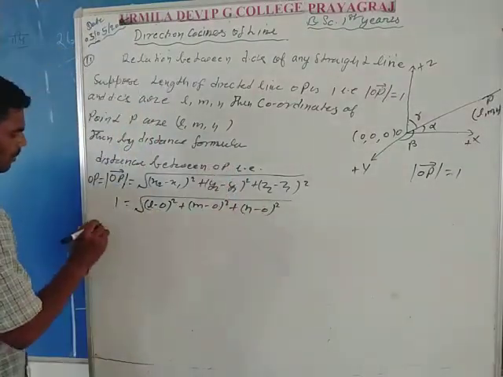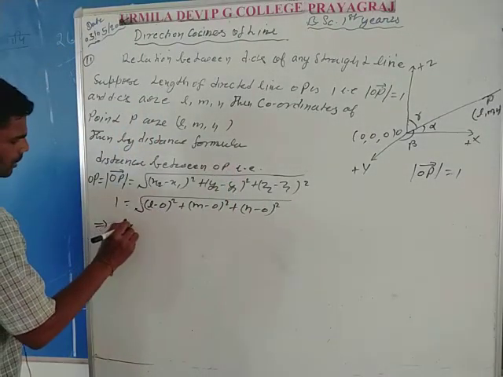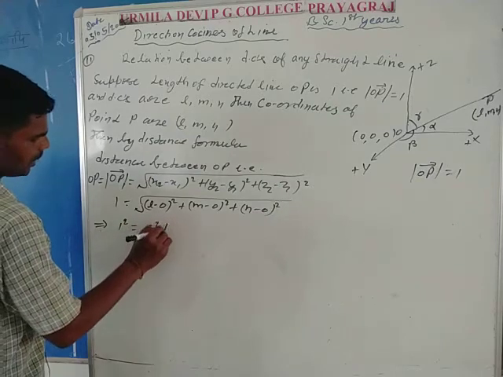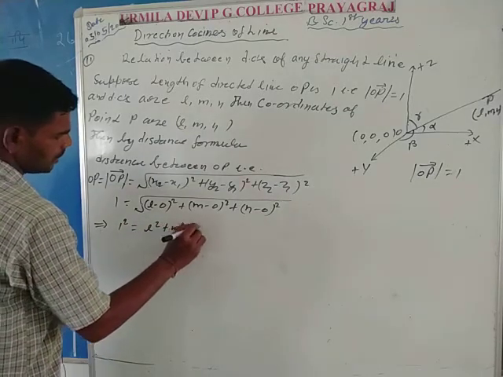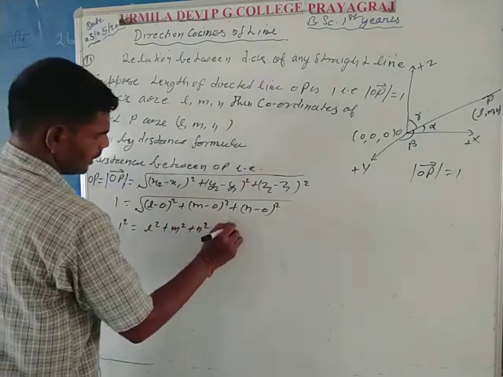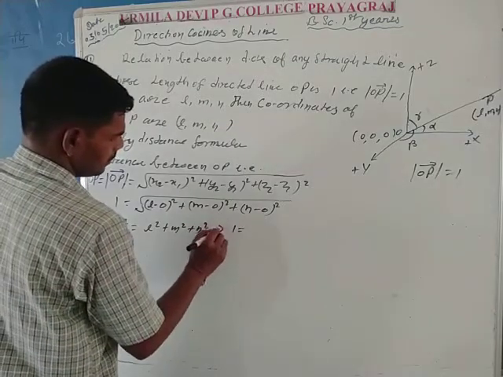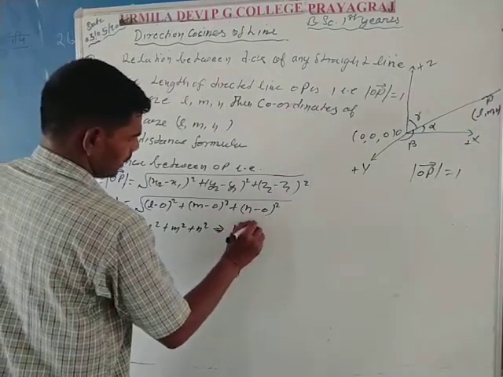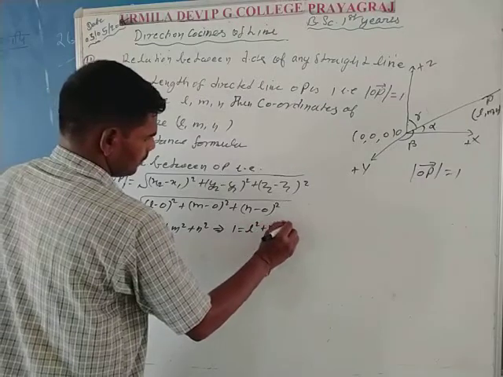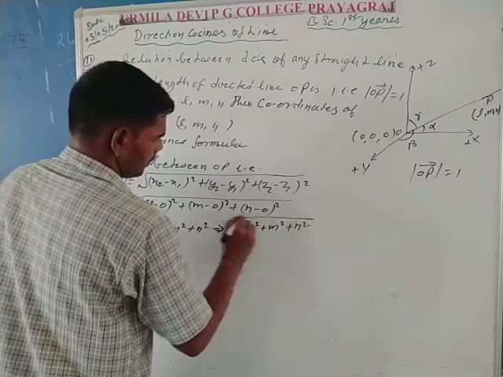Taking the square root, 1 square is equal to l square plus m square plus n square. It implies that 1 is equal to l square plus m square plus n square.